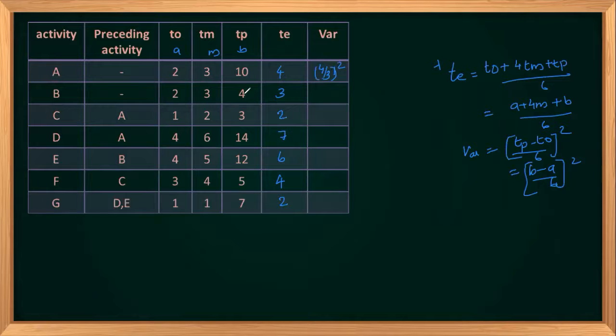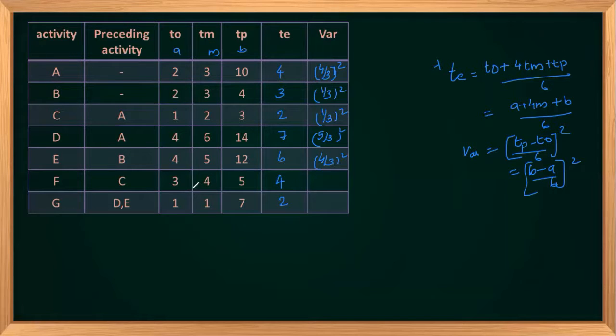Now for this one, 4 minus 2, this will be 2. 2 divided by 6 means 1 by 3 whole square. This is 3 minus 1, 2. 2 by 6 means 1 by 3 whole square. Now 14 minus 4, 10. 10 by 6 is 5 by 3 whole square. This will be 12 minus 4, 8, so it will be 4 by 3 whole square.